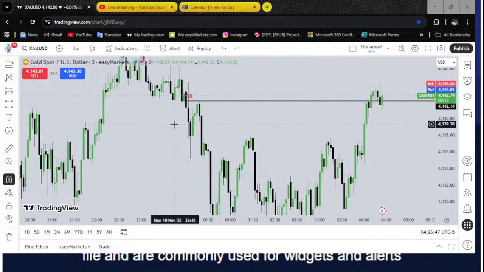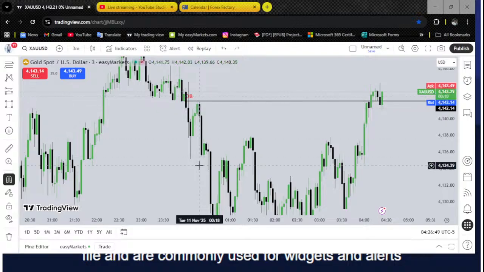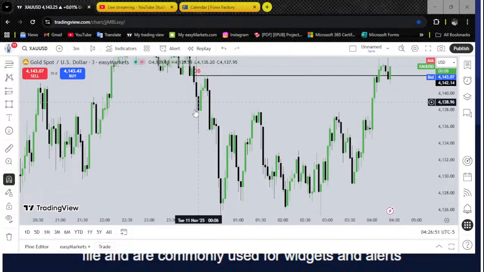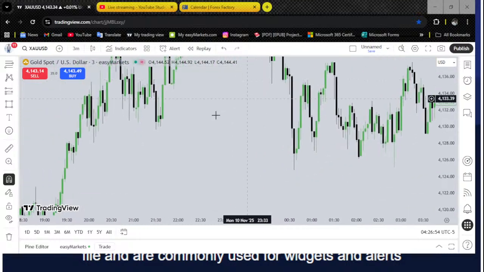This is a bearish order block coming here to fill, left immediately, breakaway gap, getting down, taking this swing low.